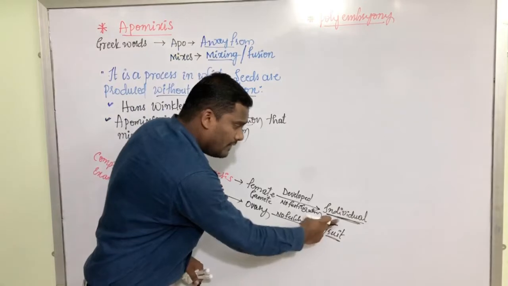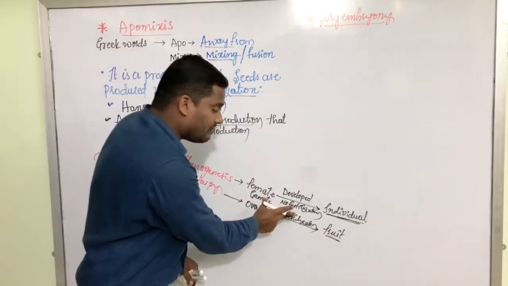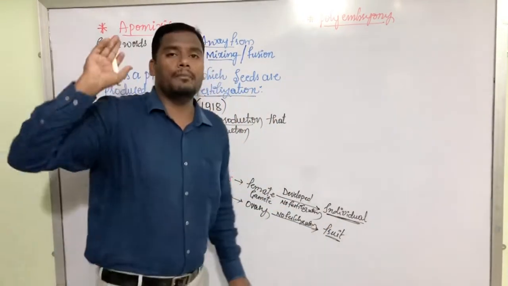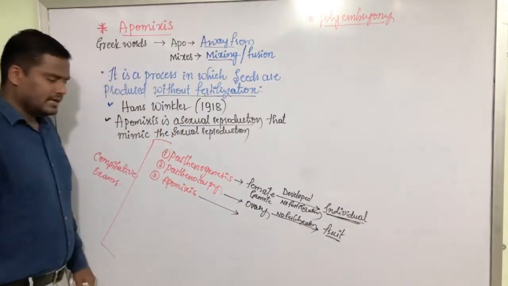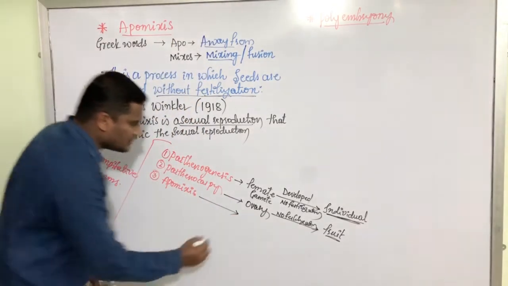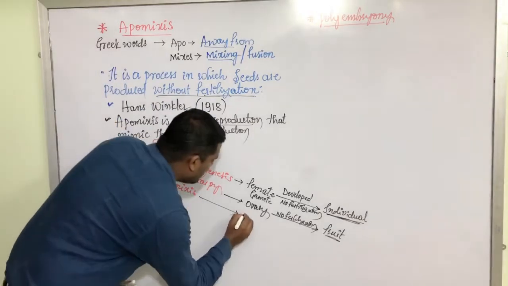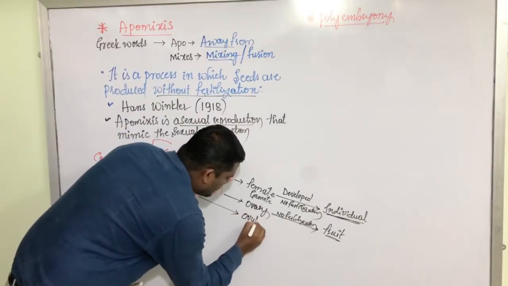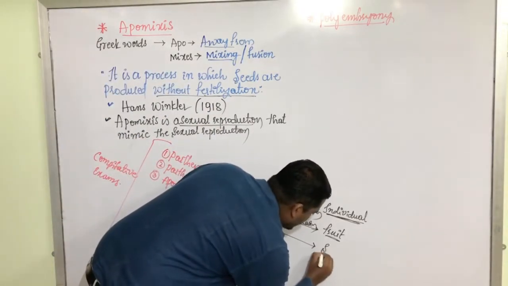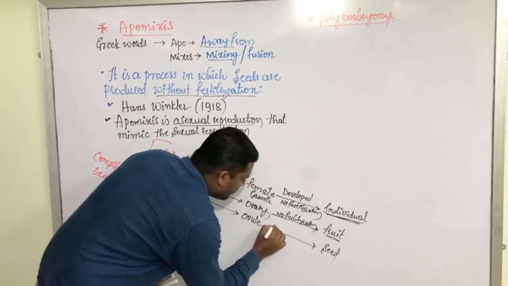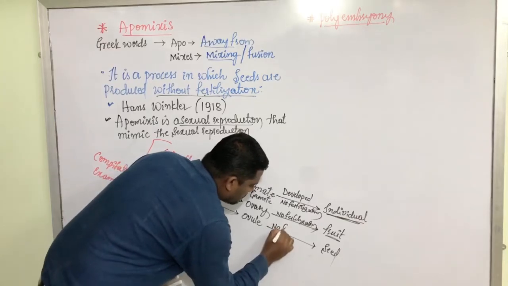Here a fruit is formed, there an individual is formed. The difference is very minute, but very important. In apomixis, the ovule gets converted into a seed without fertilization.